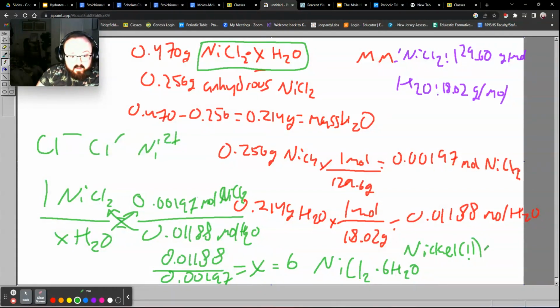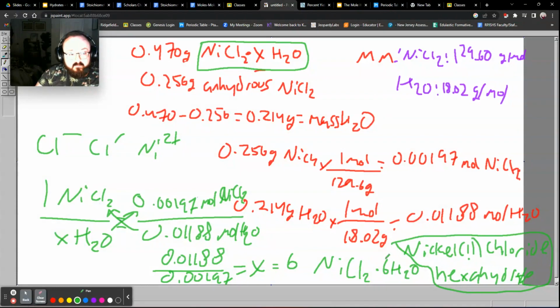Nickel(II) chloride. Guess what? You're going to have to name something. Don't forget the parentheses. I'll probably be nice to you at least, or I'll give you the charge or whatever. Nickel(II) chloride, 6, like a hexagon, hexahydrate. There's my name.